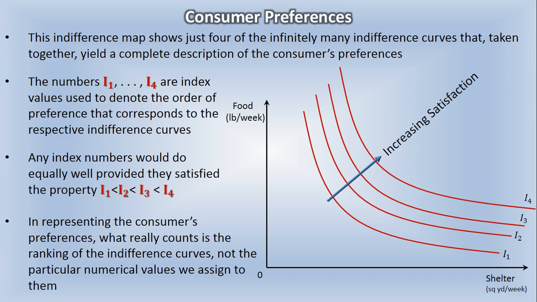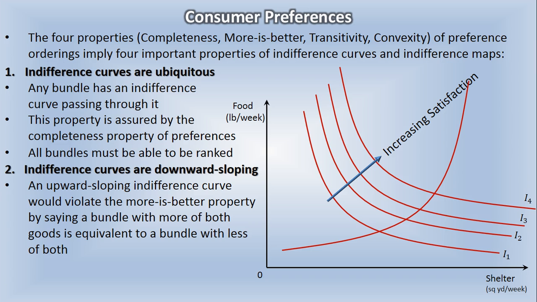So there's increasing satisfaction as we move away from the origin. But along any indifference curve, a person equally prefers any two bundles along it. So along this one, this bundle up here is equally preferred to this bundle here. But any bundle on I4 is preferred to any bundle on I3 because they provide more satisfaction.